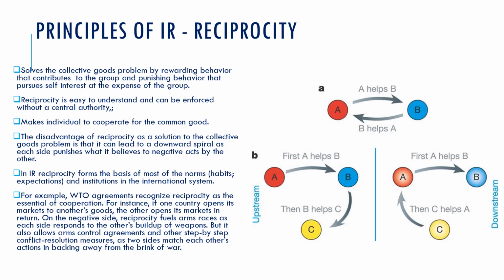On the negative side, reciprocity fuels arms races, as each side responds to the other's buildup of weapons. But it also allows arms control agreements and other step-by-step conflict resolution measures. So basically, each side is trying not only to serve as a competitor, but also to back each other up in case of conflictual situations.